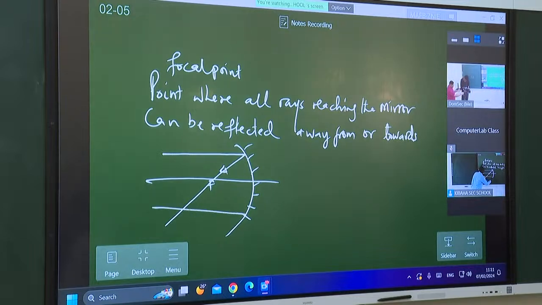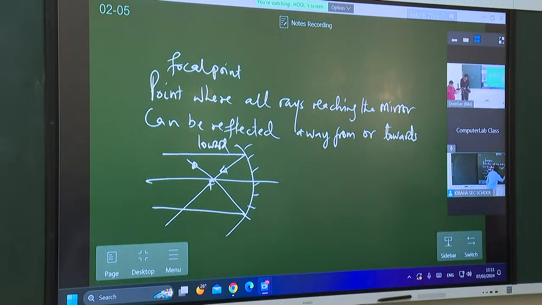That's why we say that the focal point is the point where all rays reaching the mirror can be reflected away or towards. This is what we mean by being reflected towards.